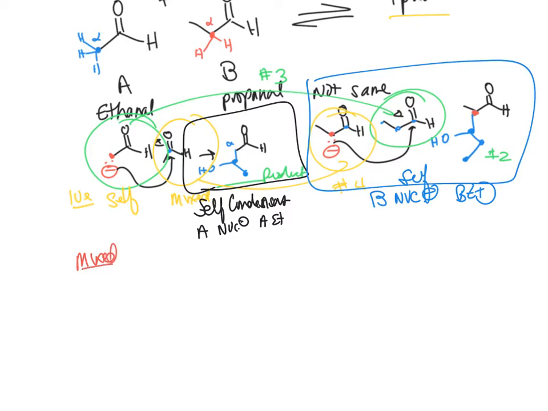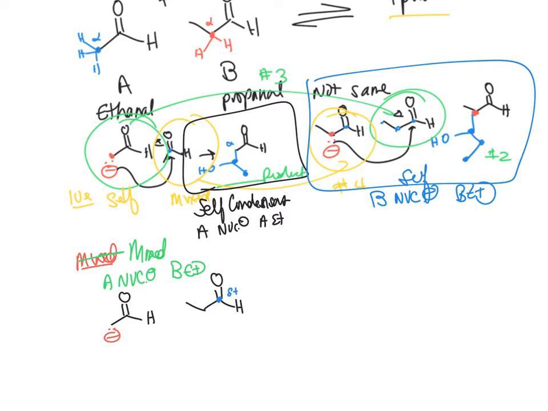So what if we took, let's make it green. We made A your nucleophile and we reacted it with B your electrophile. So once again, I'm just going to go ahead and show this. Here is your nucleophile. And then over here, B is your electrophile.